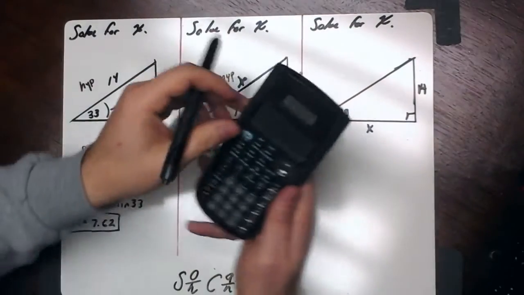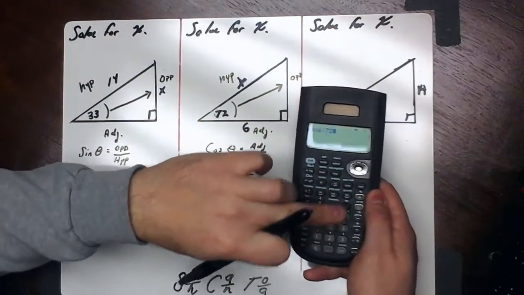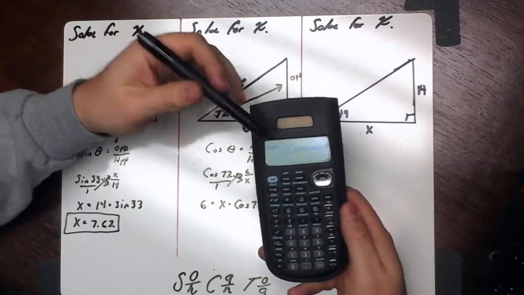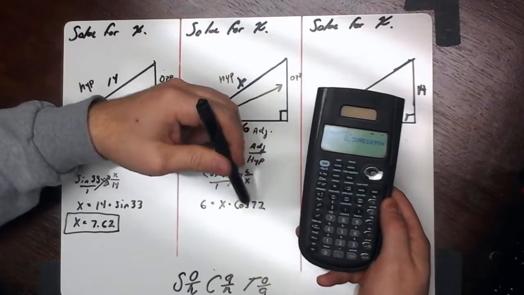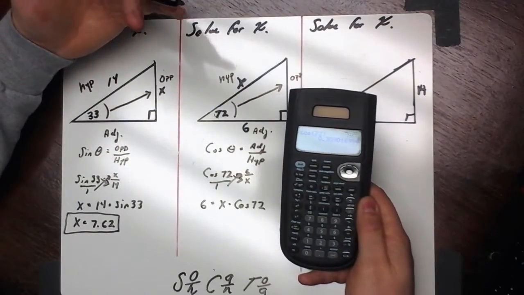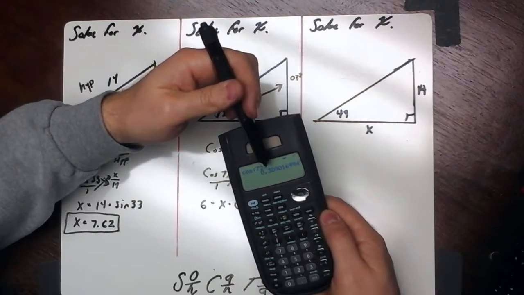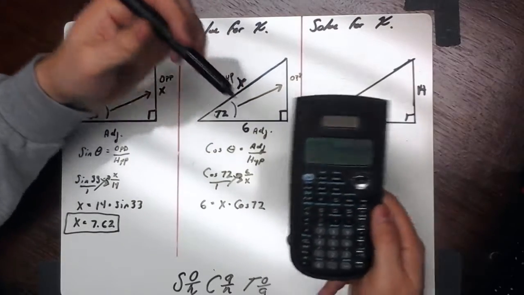Now again, if you like, I just want to stop myself. If you like, you can punch cosine 72 into the calculator and get the decimal and convert to that. That might make more sense to you. The thing I'm going to warn you about is that the calculator is going out 9 digits.